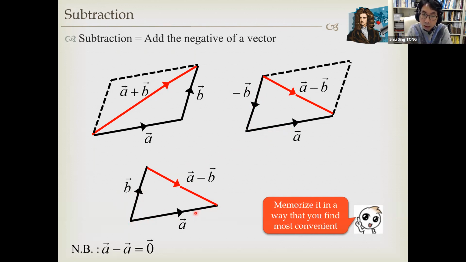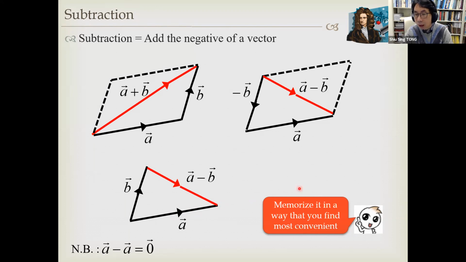So this is A and this is B. The vector subtraction A minus B is just a vector that goes from the tip of B to the tip of A. I memorize it like this.